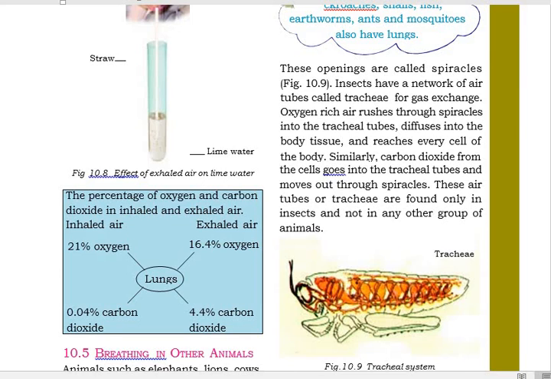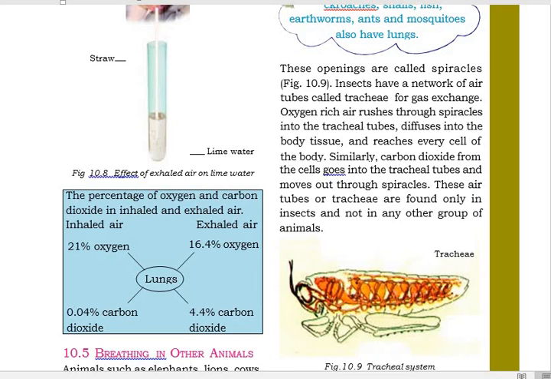A chemical reaction takes place, and lime water, whose chemical name is calcium hydroxide, combines with the carbon dioxide, forming insoluble calcium carbonate, that is a white precipitate. That is why it is milky in color. So from this experiment, we can prove that exhaled air contains carbon dioxide.